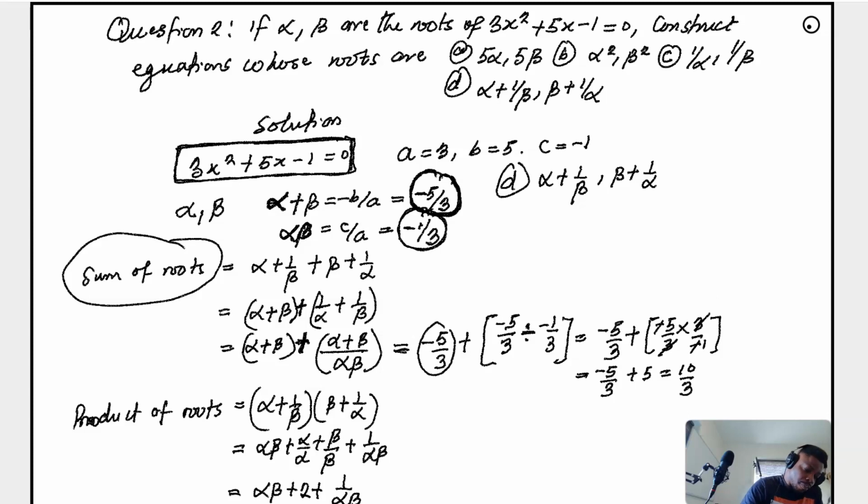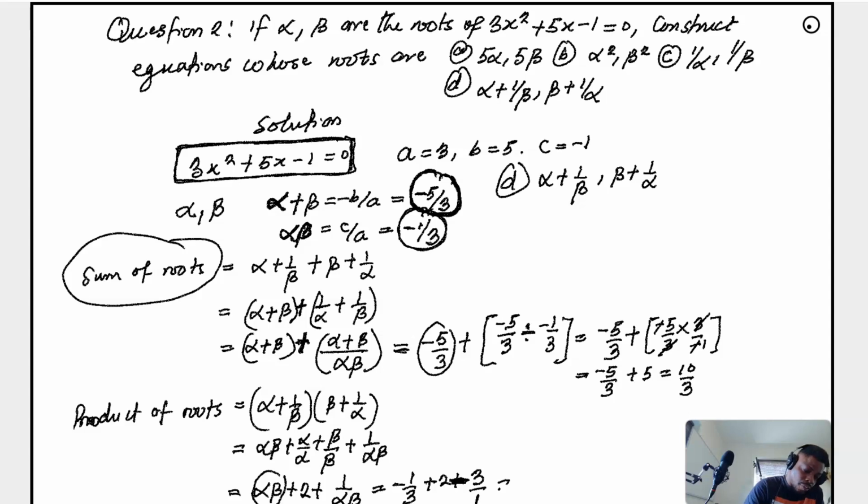Now for the product of roots, let's put our values here. Alpha beta is minus 1 over 3, plus 2, plus 1 over alpha beta, where alpha beta is minus 1 over 3. So 1 over minus 1 over 3 will be minus 3 over 1.